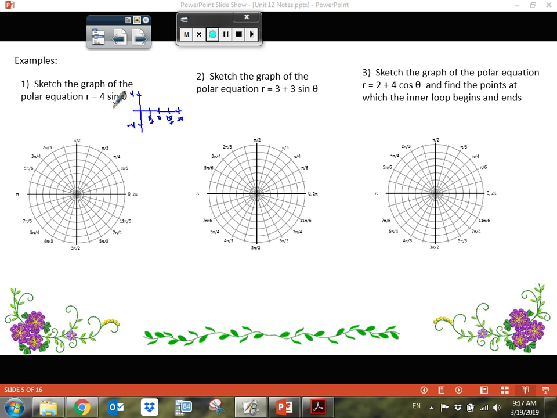This in Cartesian coordinate world has a period of 2 pi. That does not mean it's going to have the same period in polar world, but we'll look at that. Okay, so recall sine starts at the sinusoidal axis, and then it goes up and then down. So it goes like that.